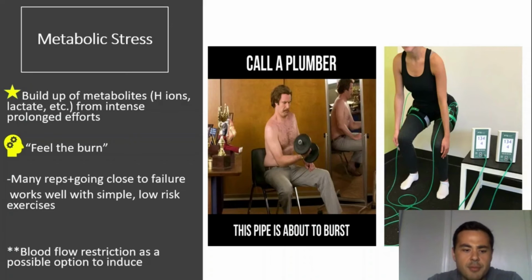mechanism. You can also do blood flow restriction type stuff, especially in the rehab setting. So basically what happens is that when you restrict a little bit of blood flow into whatever area, so if we look at this picture over here, she's restricting some blood flow into the legs. Basically what's going to be happening is that you are able to accumulate some of those metabolites and basically get that burning sensation without a lot of weight, right?